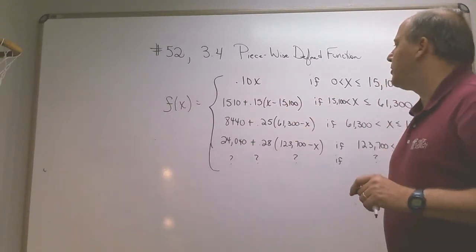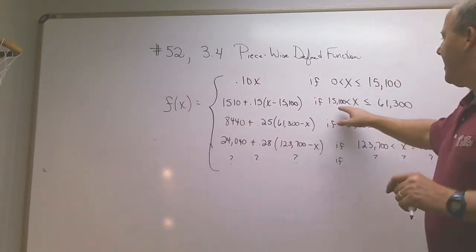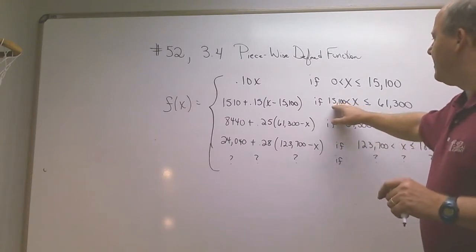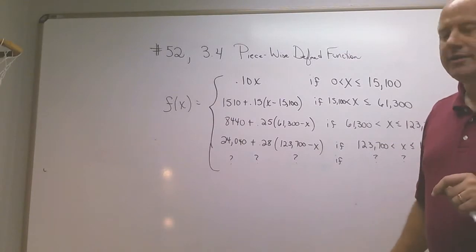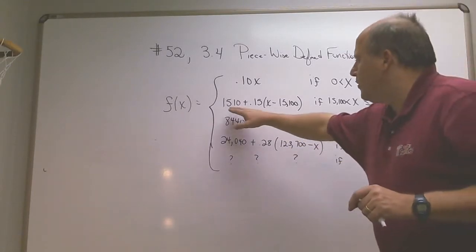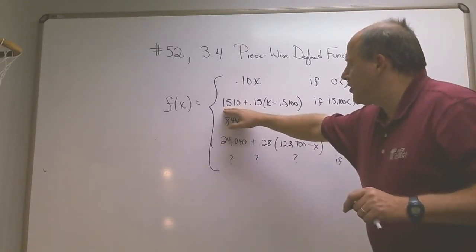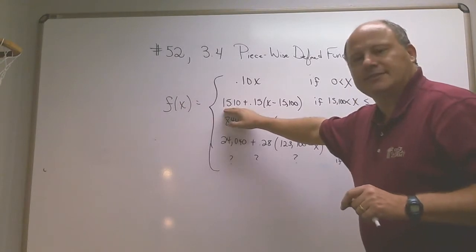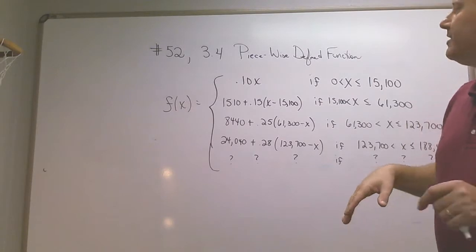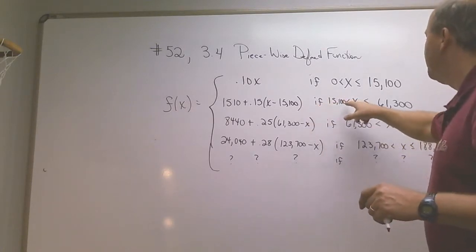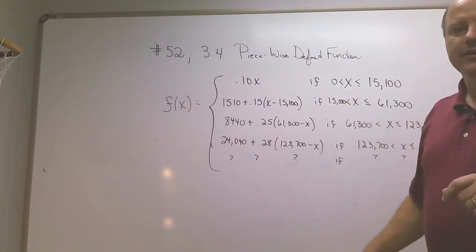Then if the salary is between $15,100 and $61,300, you're going to owe $1,510 plus 15% of the excess over the $15,100.